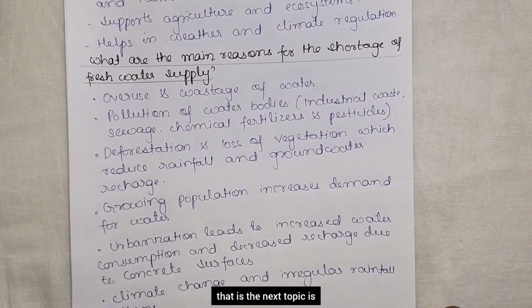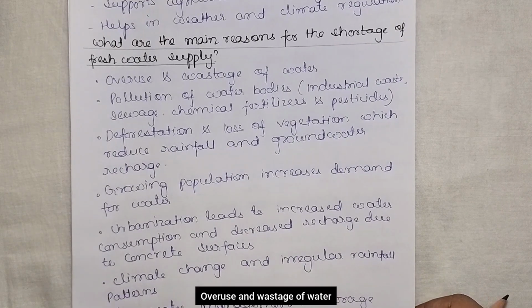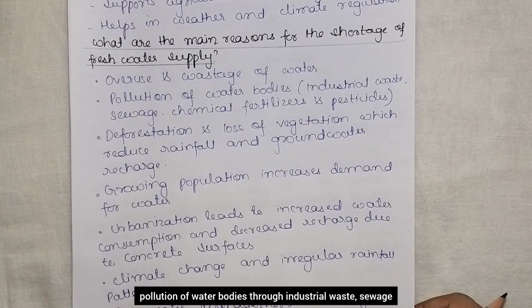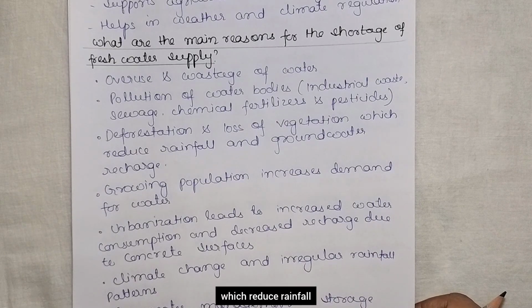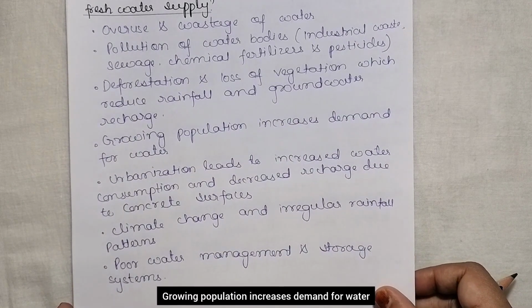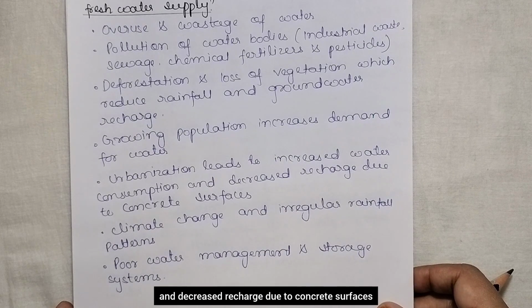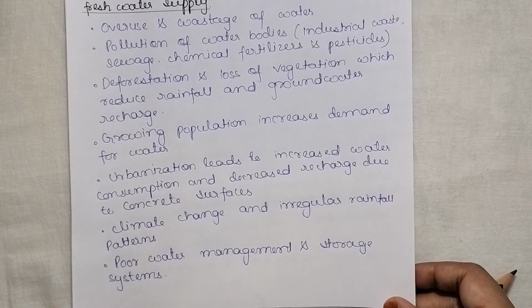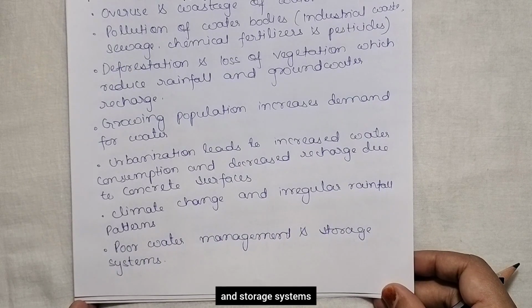That is, the next topic is, what are the main reasons for the shortage of fresh water supply? Overuse and wastage of water, pollution of water bodies through industrial waste, sewage, chemical fertilizers and pesticides, deforestation and loss of vegetation which reduce rainfall and groundwater recharge, growing population increases demand for water, urbanization leads to increased water consumption and decreased recharge due to concrete surfaces, climate change and irregular rainfall pattern, poor water management and storage system.